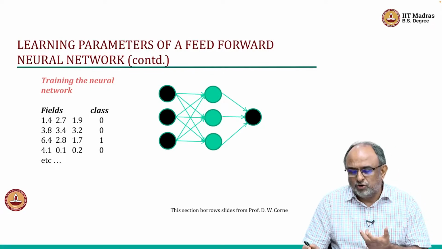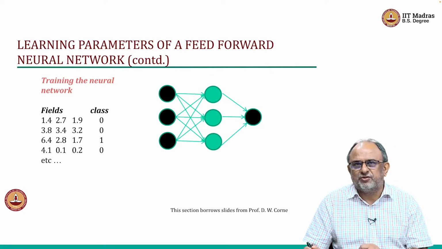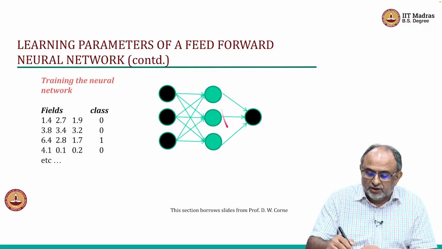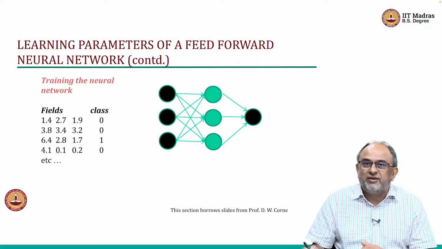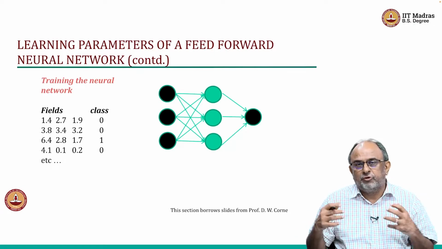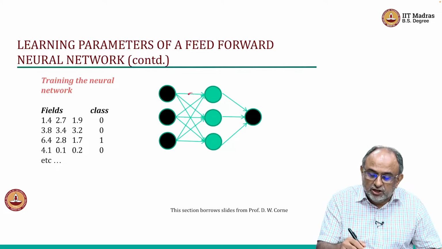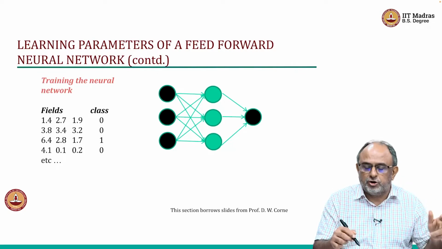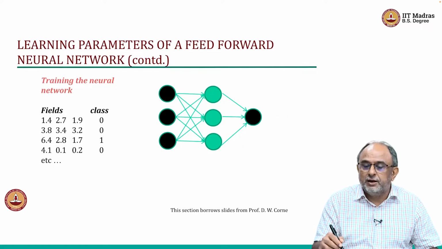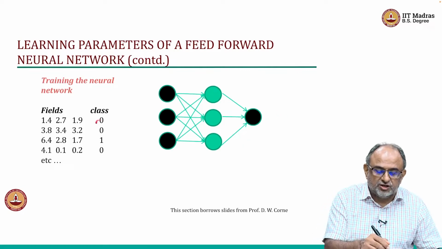I can only control the weights and the biases, of course. So the weights are what we are going to learn, with a lot of data, such that they are adjusted or adapted so that I keep making better and better decisions.